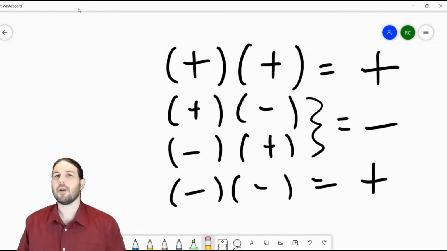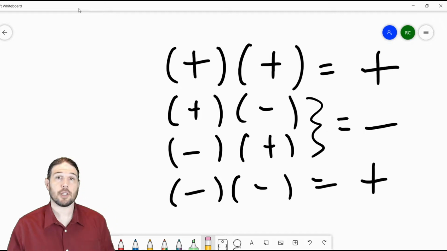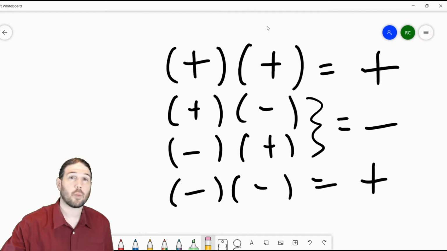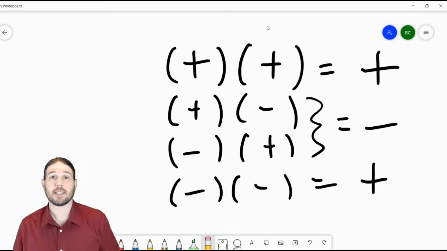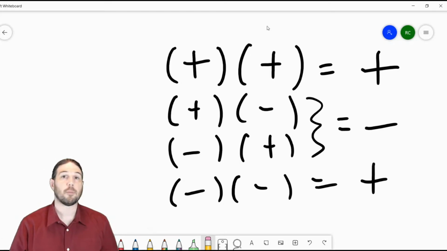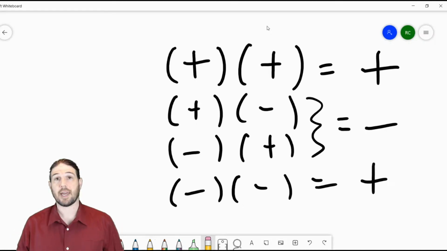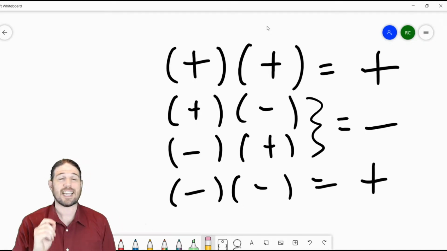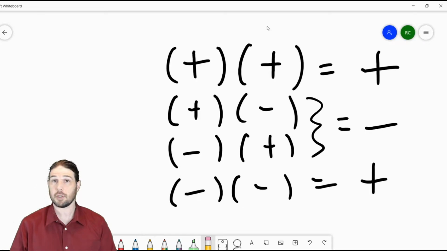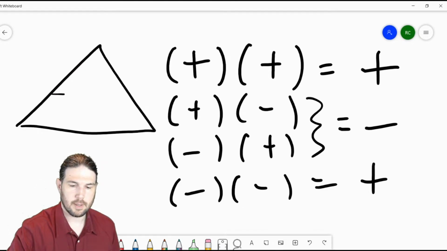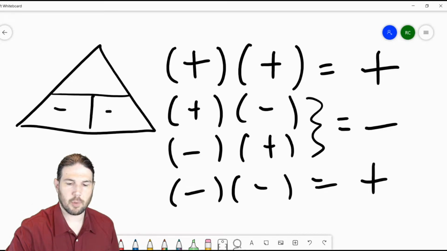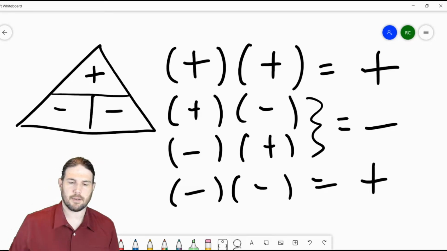Now, before I record these videos, I ask my friends on social media to help maybe share with me what ideas or techniques or mnemonic devices that they've used in order to help them remember these sorts of rules. Okay, and one friend came up with this fantastic example that I'm going to show you right now. So imagine you have this sort of pyramid, and on the bottom you have two negatives, and on the top you have a positive.